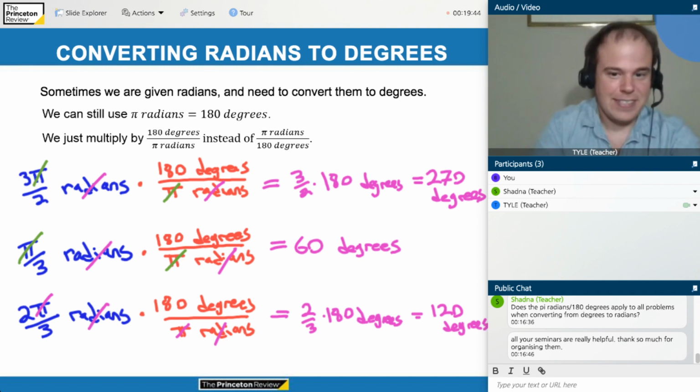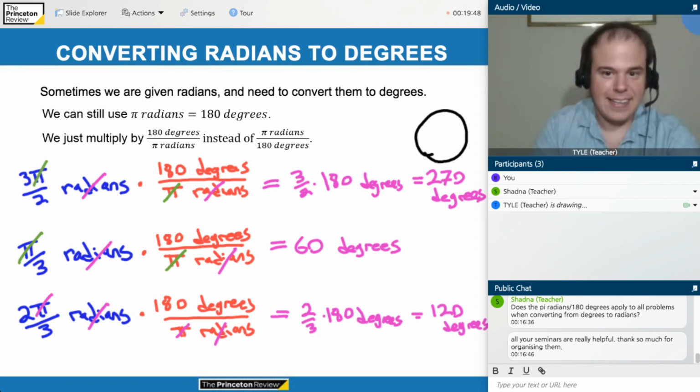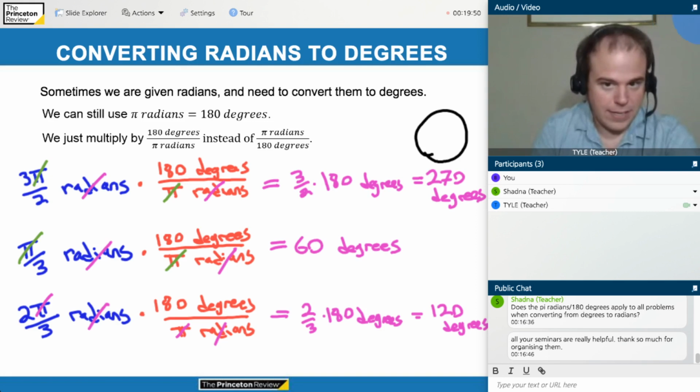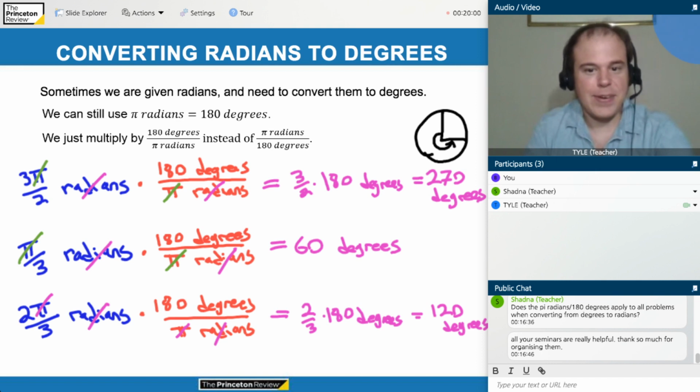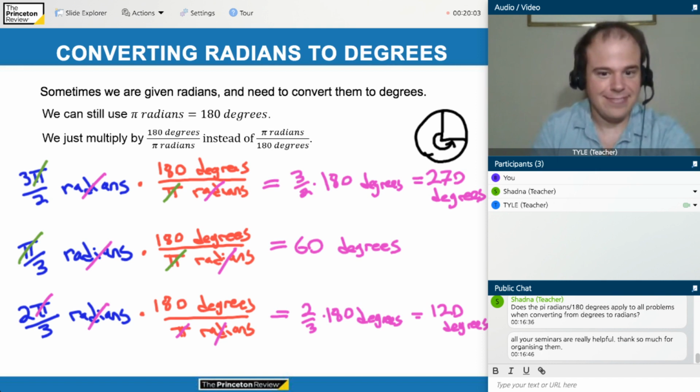And again, I will just draw some pictures to show what these various angles look like. So here is a picture of what 270 degrees, or 3 pi over 2 radians, looks like. And it's this outside angle, the big one. 3/4 of a circle. Next, I'll show you what 60 degrees looks like on a circle, or pi over 3 radians.